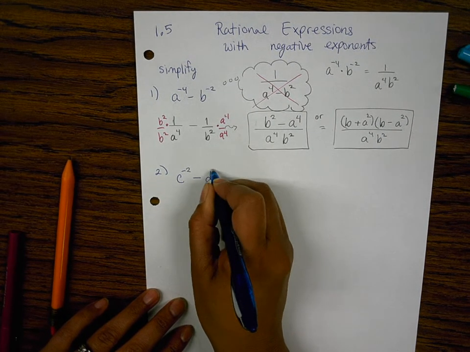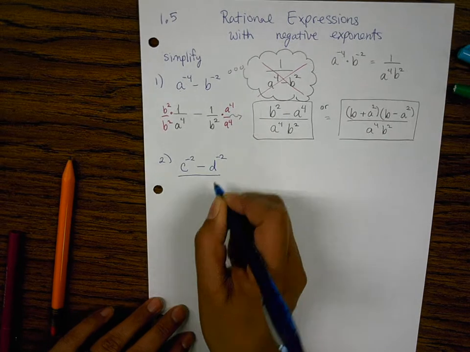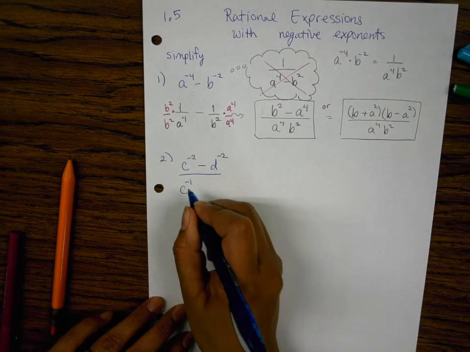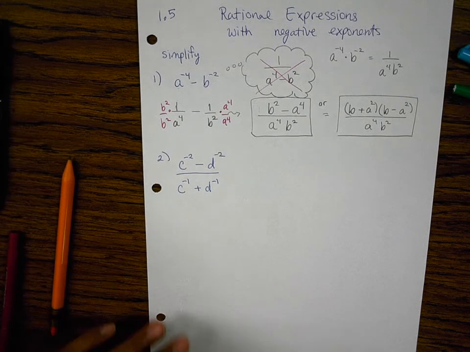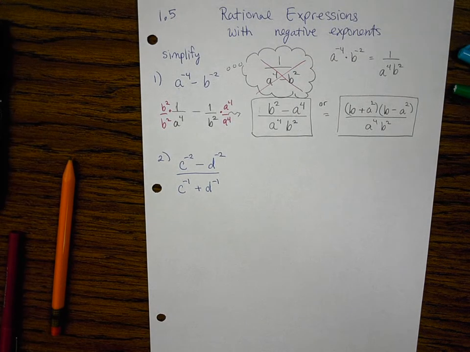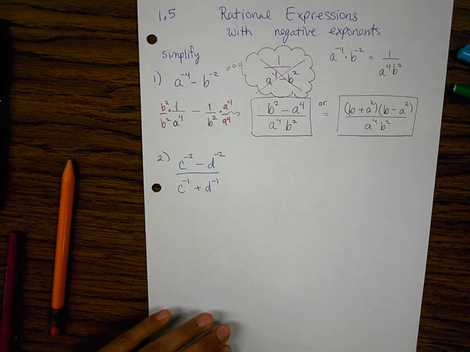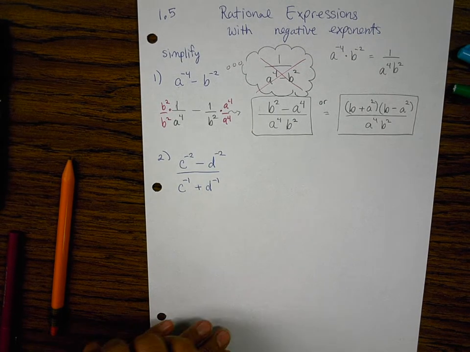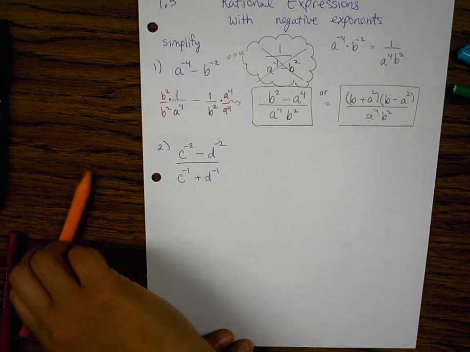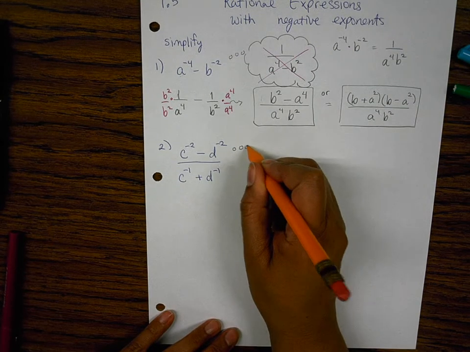Number 2. C to the negative second minus d to the negative second, all over c to the negative 1 plus d to the negative 1. Okay, so do you see I have 4 separate terms, 1, 2, 3, 4, and they all have negative exponents.